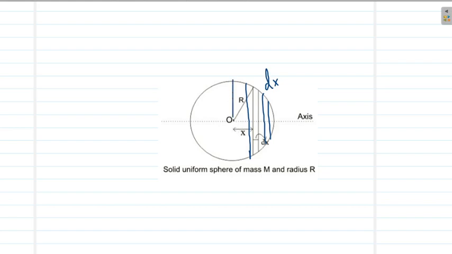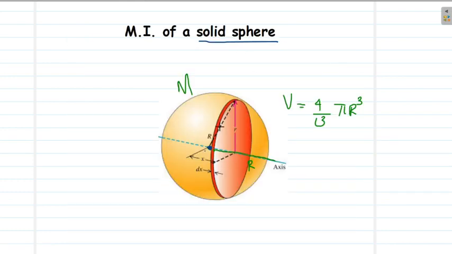For example, a disc at the center will have higher radius. This is that disc. And a disc at the edge will have smaller radius. So the whole sphere is composed of small discs like this, and the discs have various radius. The radius of each disc will depend on the position of this disc from the center or from the origin.